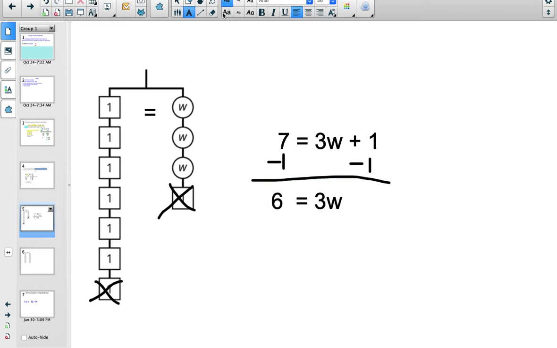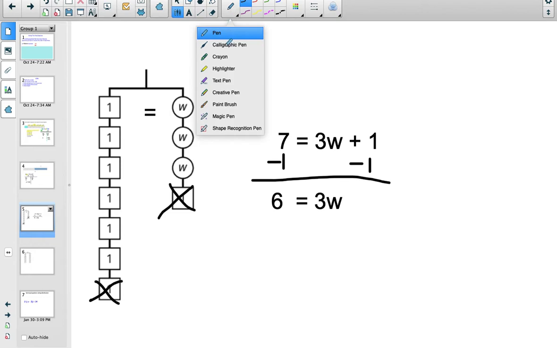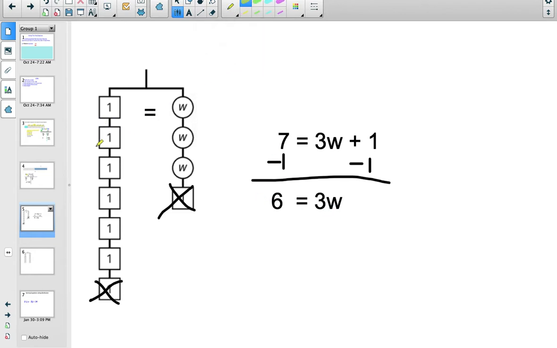So I'm thinking, all right, well, if 3W equals 6, how much does 1W equal? Well, you can kind of see visually, like those two go with that one. These two go with that one. And then this one goes with these two, right? So 1W equals 2.